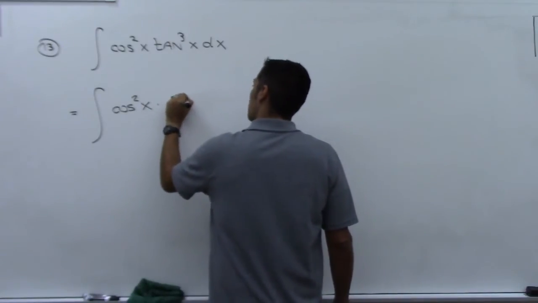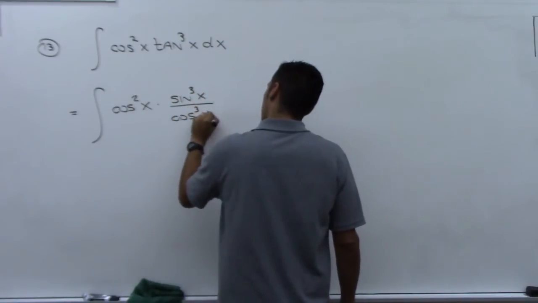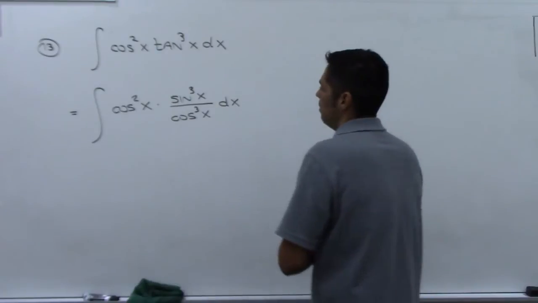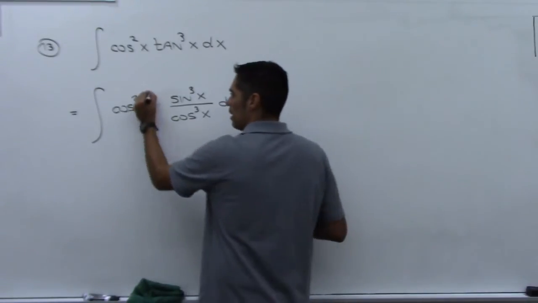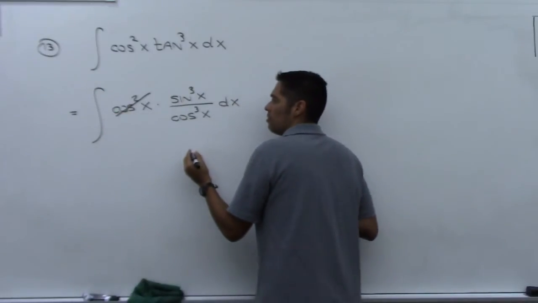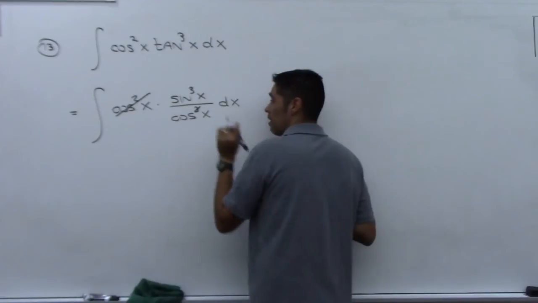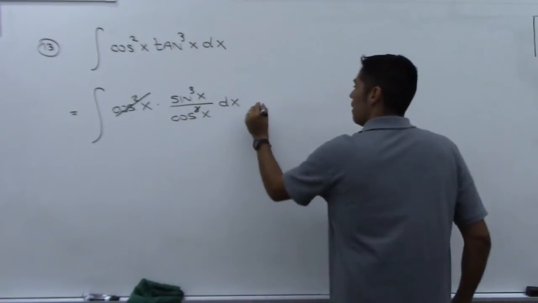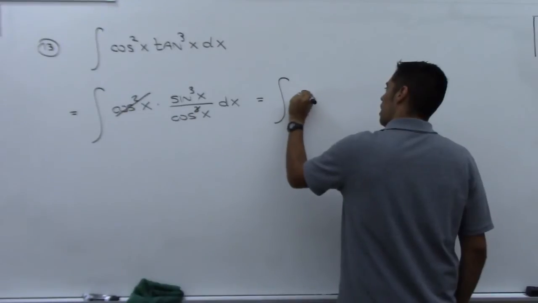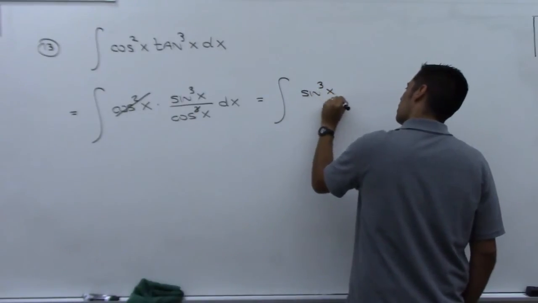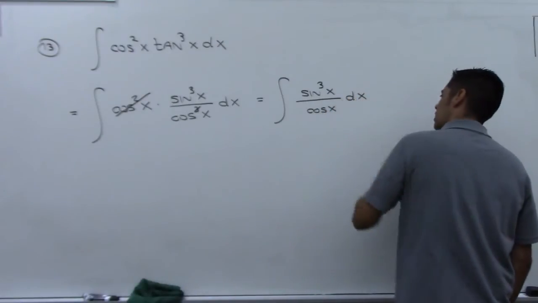So this is sine cubed x over cosine cubed x dx. That's what tangent cubed means. And that's actually going to cancel out here. Those two cosines cancel with two of the factors of cosine, so I still have one factor of cosine there. So I have integral, let me write it this way, sine cubed x over cosine x dx.